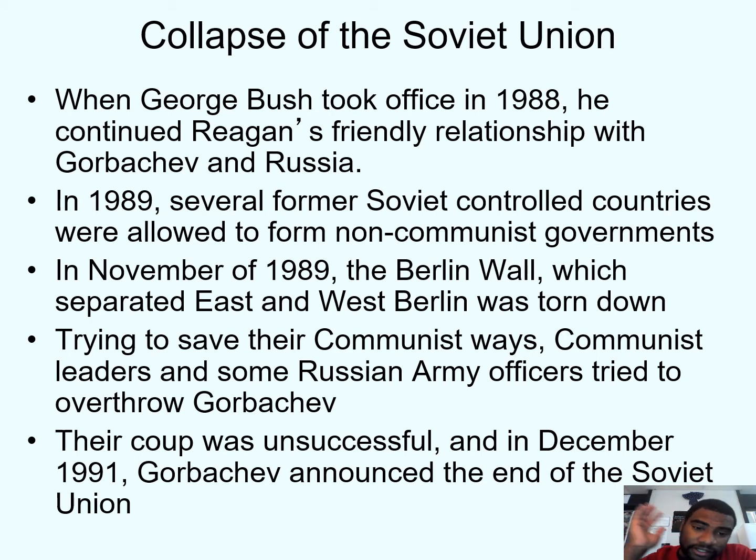Trying to save their communist ways, communist leaders and some Russian army officers tried to overthrow Gorbachev. Their coup was unsuccessful, and in December 1991, Gorbachev announced the end of the Soviet Union.